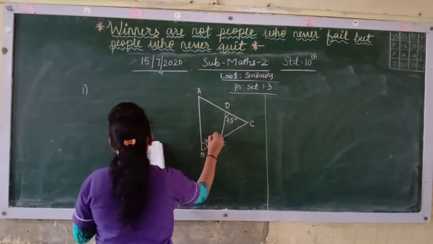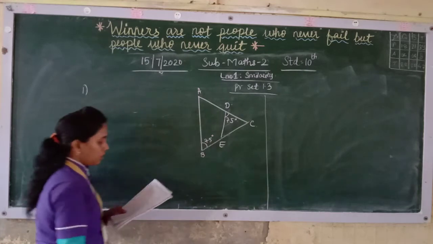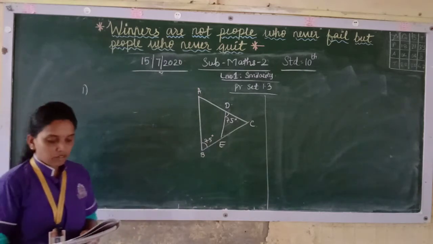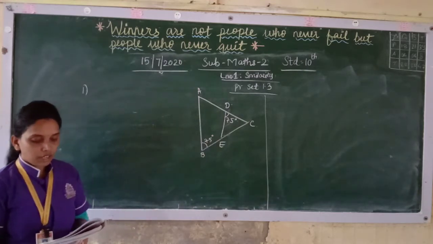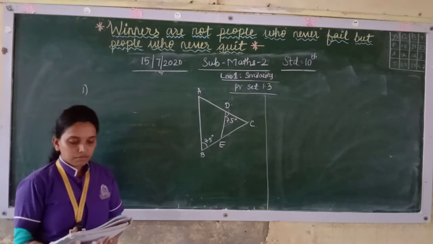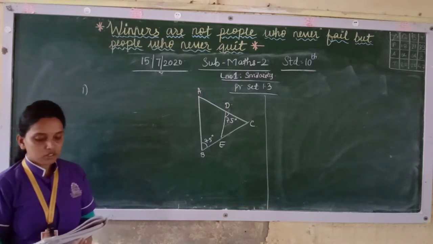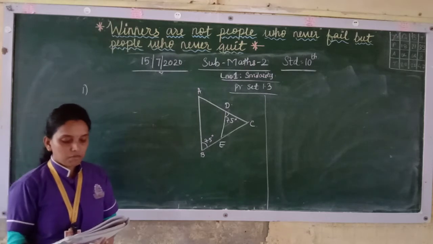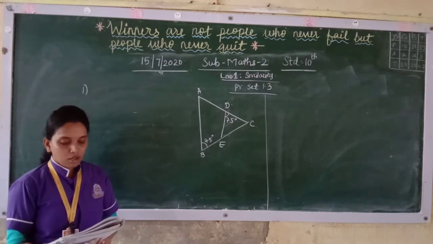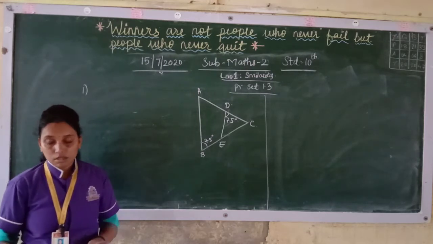Here also it is 75. Now see, they have given that angle ABC is 75 and angle EDC is 75. State which two triangles are similar and by which test. Also write the similarity of these two triangles by proper one-to-one correspondence.